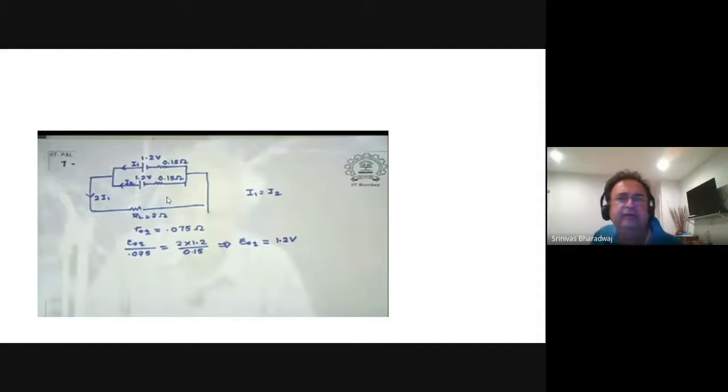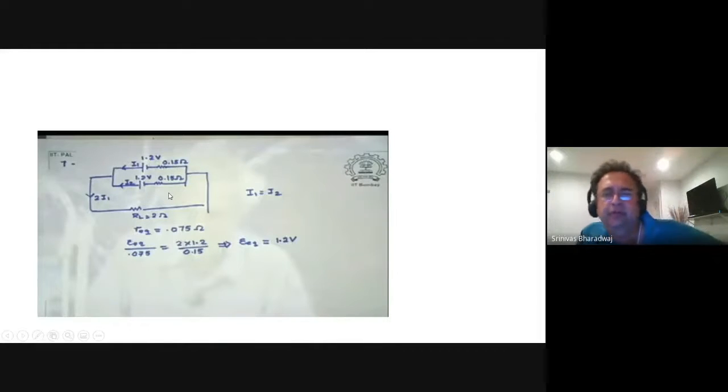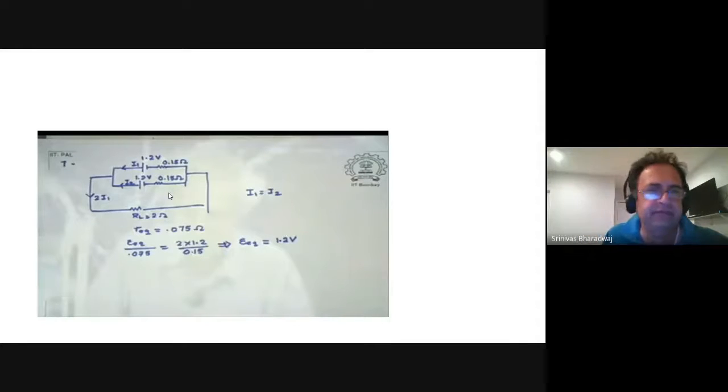So here you have the exact same thing. What is the REQ here? 0.15 times 0.15 divided by 0.15 plus 0.15, right? So that is 0.15 by 2, which is 0.075. Now what is the effective EEQ?